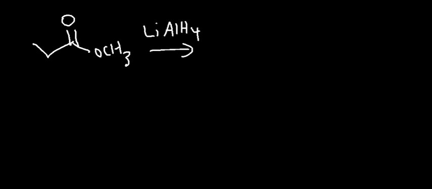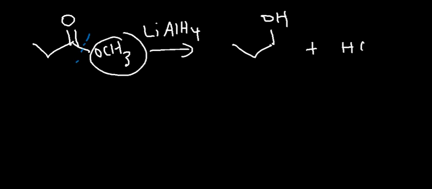And for the acid chloride, we added two hydride ions. An ester is at the same level as an acid chloride. It requires two hydride ions. The end result of this reaction, pretty much, all you need to do is cleave this bond, and you're going to get an alcohol. Replace the carbonyl oxygen with an OH, and this other part is going to leave as an alcohol as well.